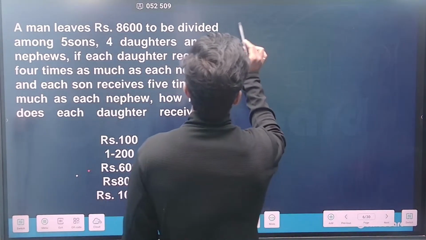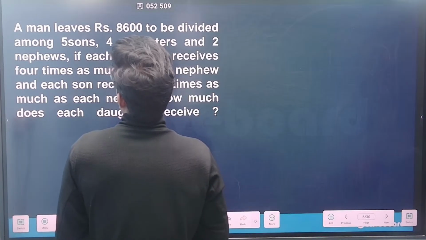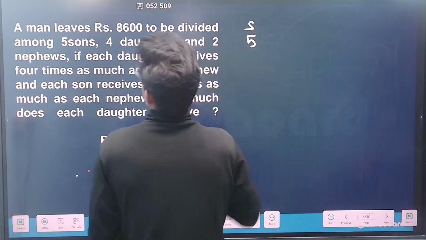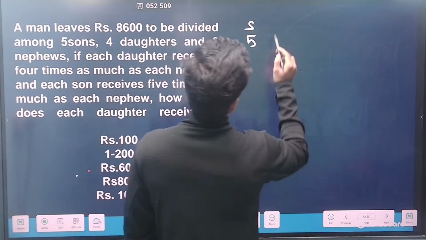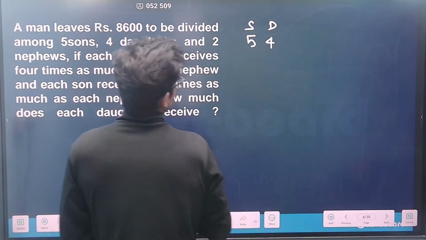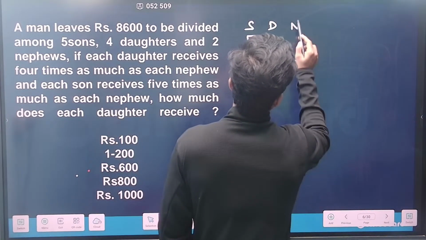So basically it is divided among 5 sons. So they are dividing among the 5 sons. This is my son and 4 daughters. So basically this is daughter, which is 4 daughters. And 2 nephews. So nephews would be 2, isn't it?